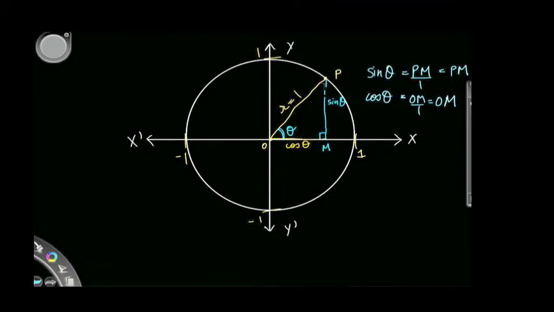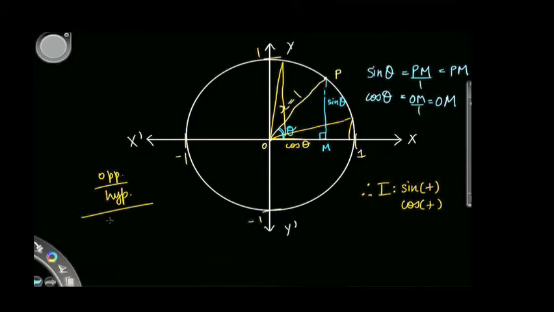Since we can see that sine theta and cos theta are both positive, that is true for the whole first quadrant. Therefore, in the first quadrant, sine is positive, cos is positive, and tan theta is equal to sine theta by cos theta, which I'll prove now. Opposite by hypotenuse is sine theta, divided by adjacent by hypotenuse, which is cos theta.